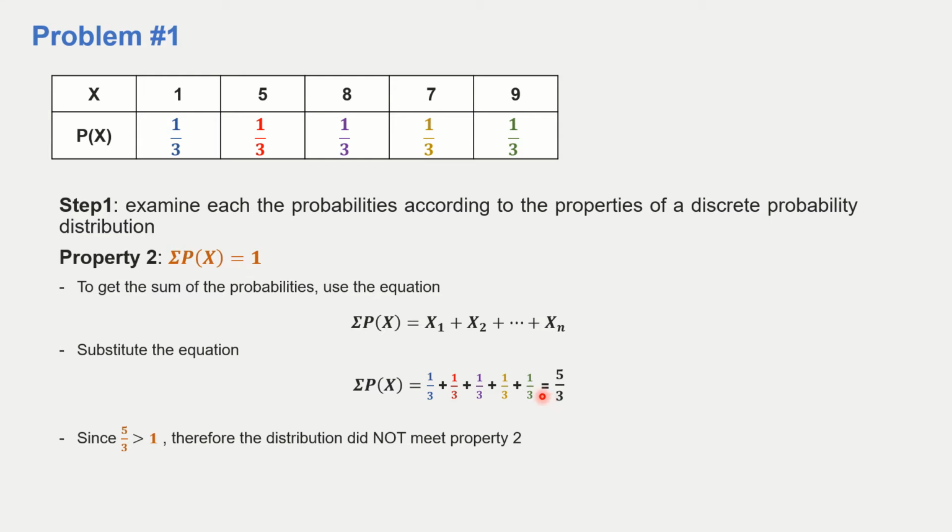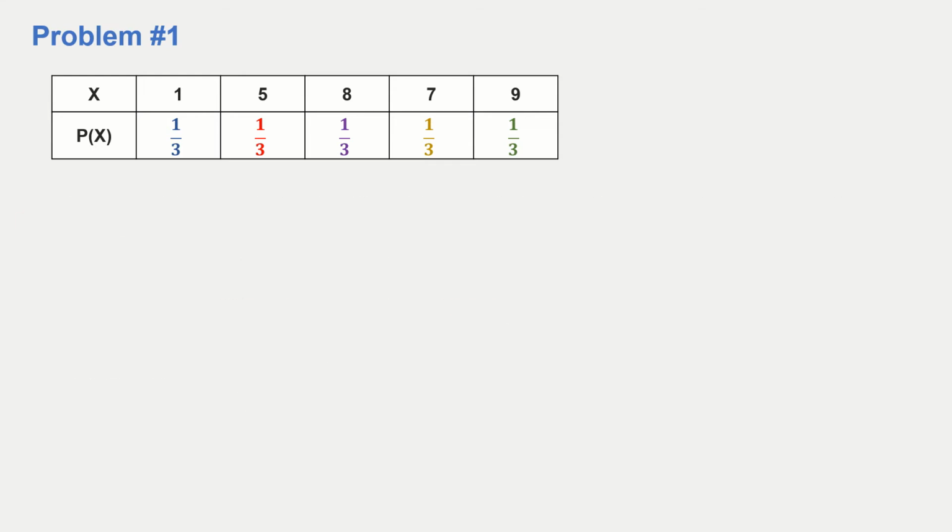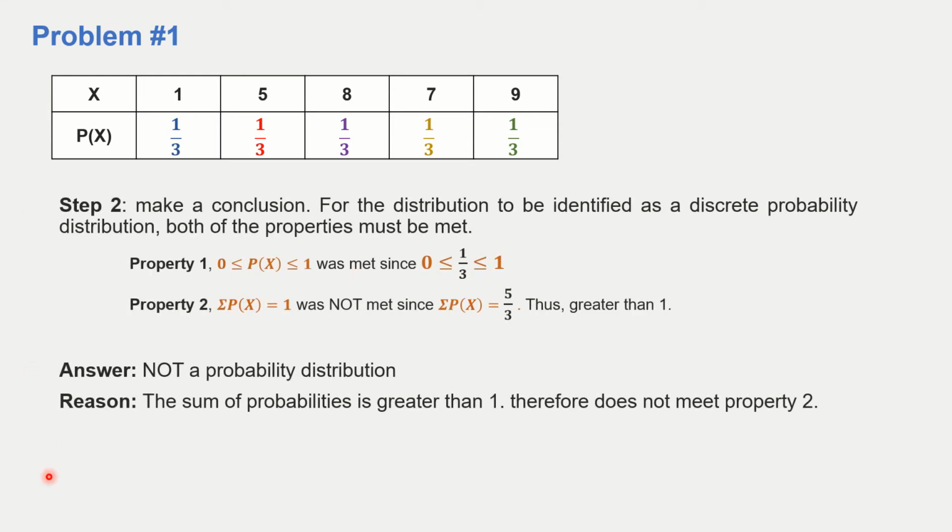Therefore, this distribution did not meet property number 2. For our conclusion, this distribution is not a discrete probability distribution. The reason is that the sum of the probabilities is greater than 1, so it did not meet property number 2.